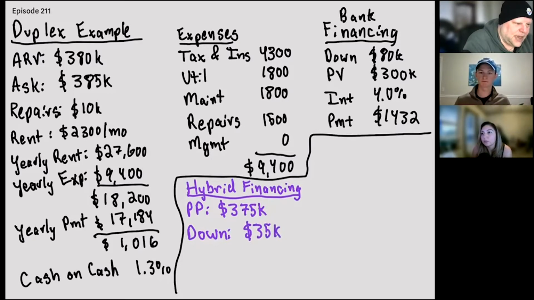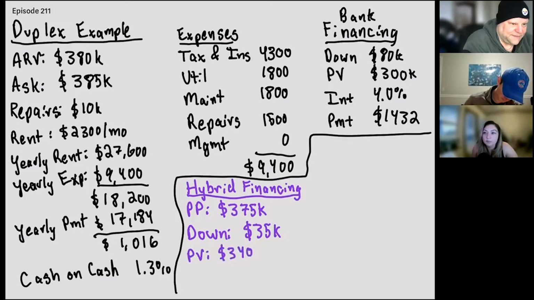Okay, so now in this case, we would be financing 340, right? So if we're paying anywhere near bank rates, and I'm pretty clear that 4% would be on the low side of that right now, we've got a payment that is not going to work to create any kind of cash flow, correct? So this is where we need to get creative.